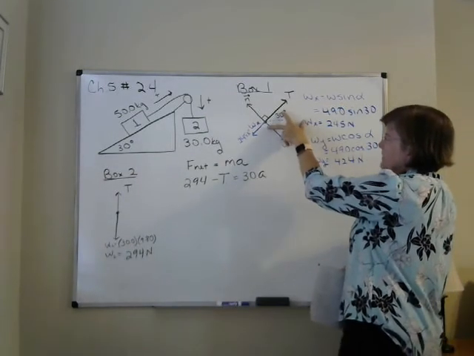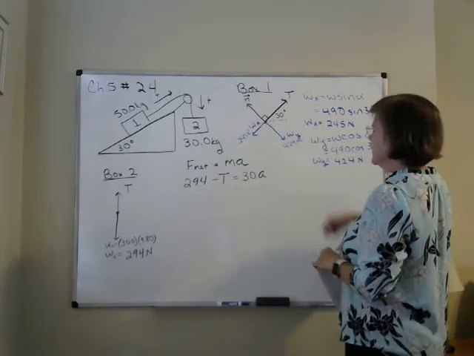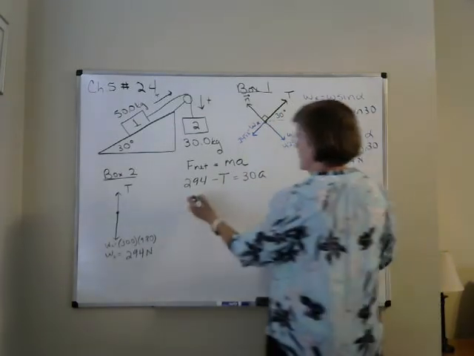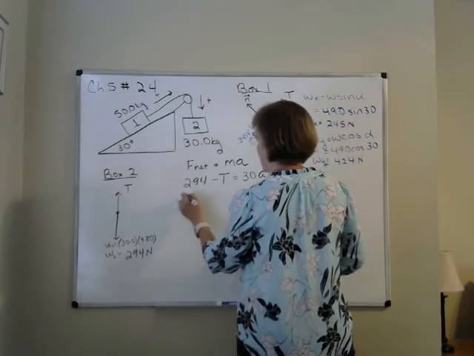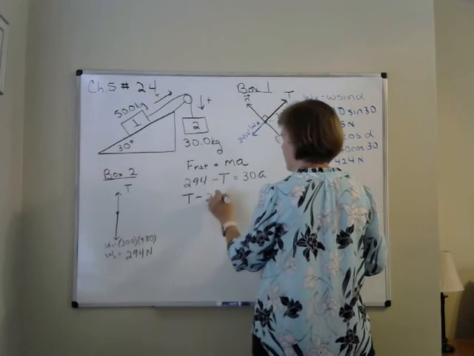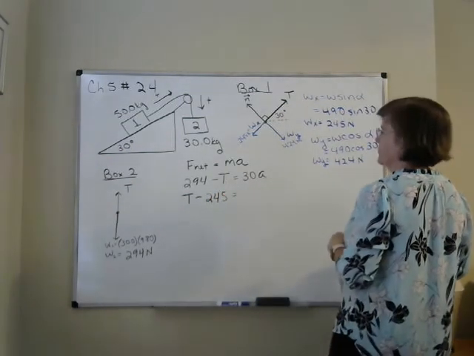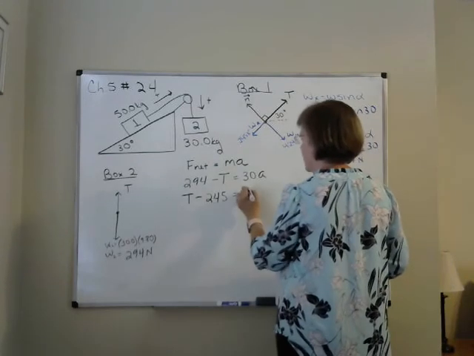However, these two are the important ones. In this case, this equation looks like T minus 245 equals the mass times the acceleration. And this box 1 had a mass of 50.